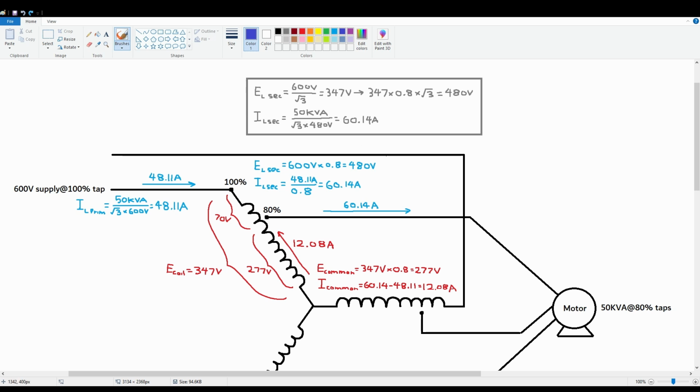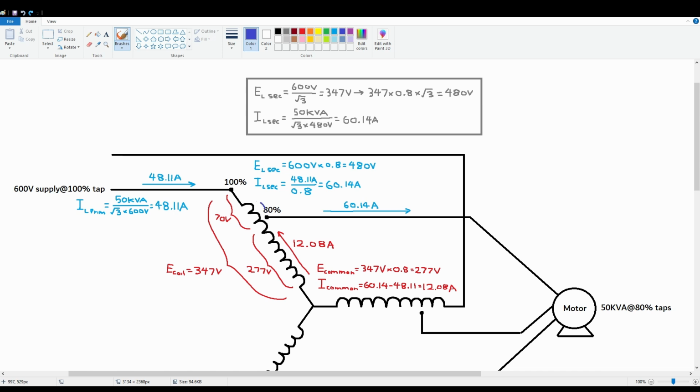There's also another way to do this up here. It's just a longer method, but maybe it can help you understand this better. To find the line current on the secondary side, I take 600 volts divided by root 3 to find our phase voltage.